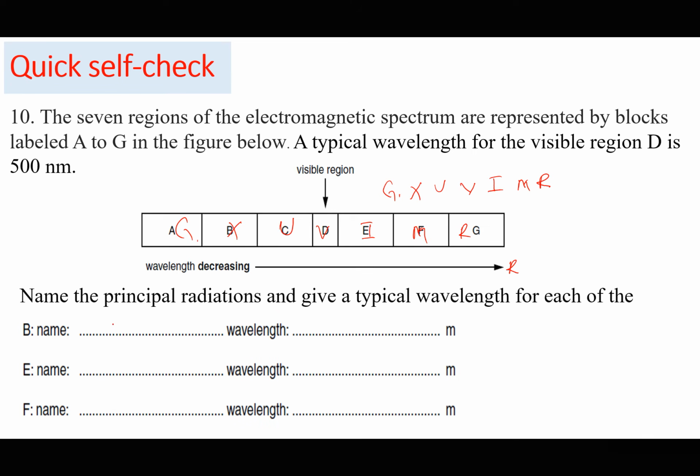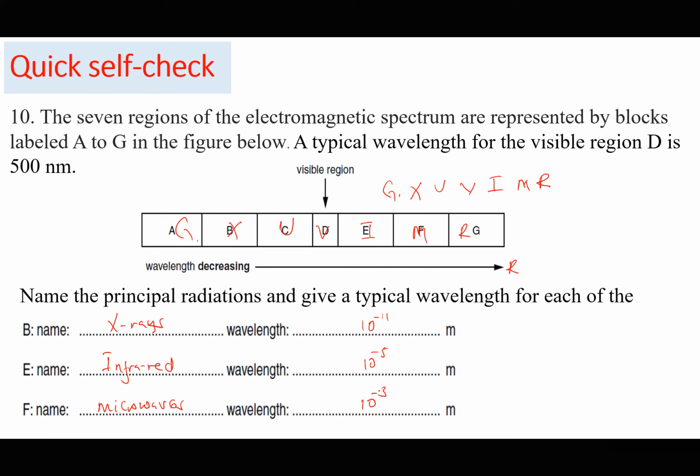So B is X-rays, E is infrared, F is microwaves. For X-rays, the typical wavelength is about 10 to the power of minus 11. Infrared could be 10 to the power of minus, I think, 5. Microwaves can be 10 to the power of minus 3.